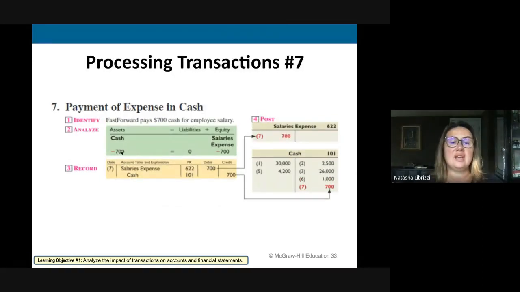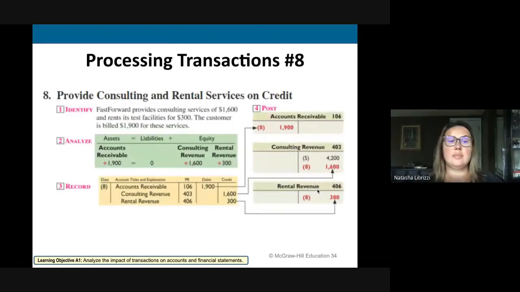So negative cash 700, salaries expense negative 700. So we're going to debit salaries expense, credit cash. So in this case, we're going to post it in salary expense, it's a very first account, and cash account. We keep accumulating. We keep collecting what's going on in the cash account, that information.